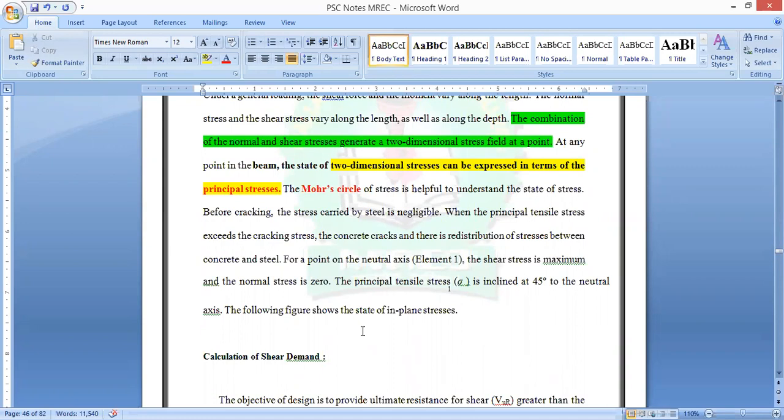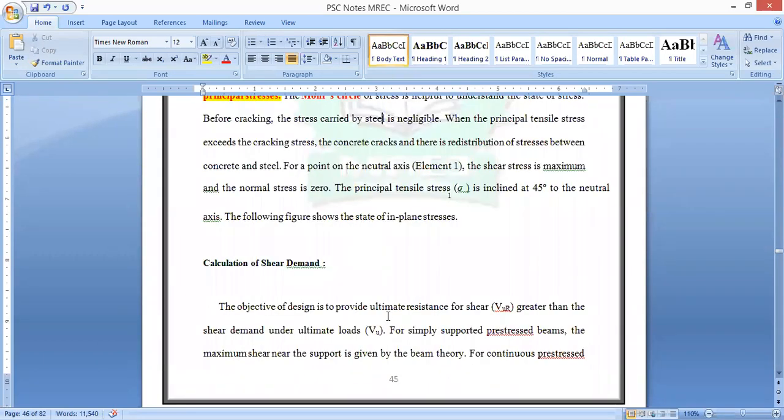So by that the shear stress is maximum and the normal stress is going to be 0. Okay, so that is how you are going to analyze your member under shear in terms of principal stresses by drawing Mohr circle diagrams.